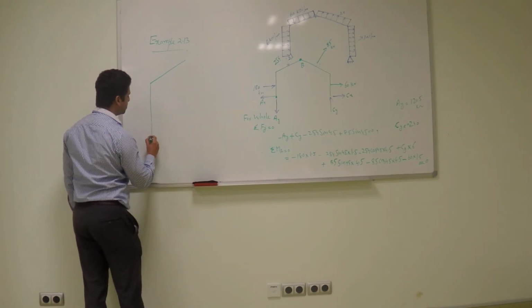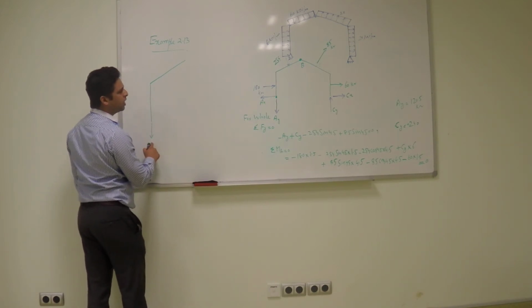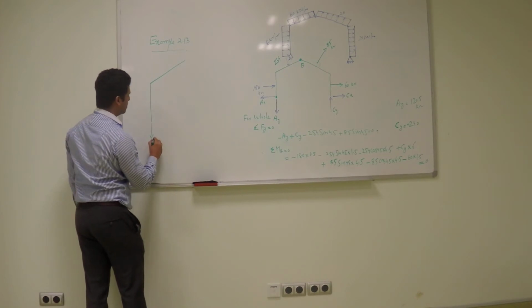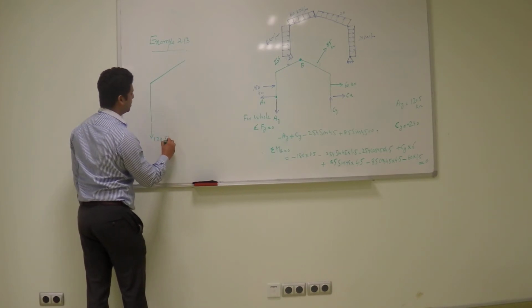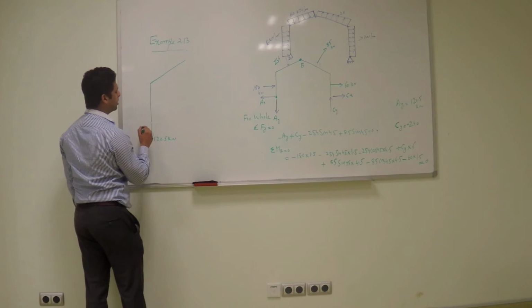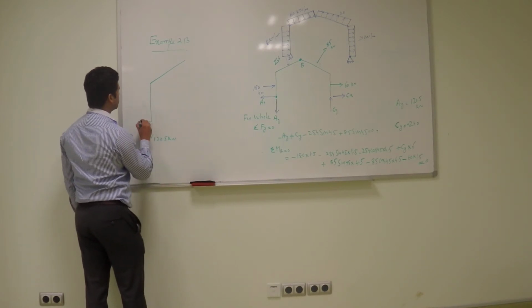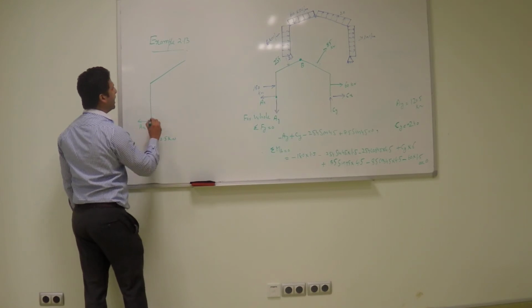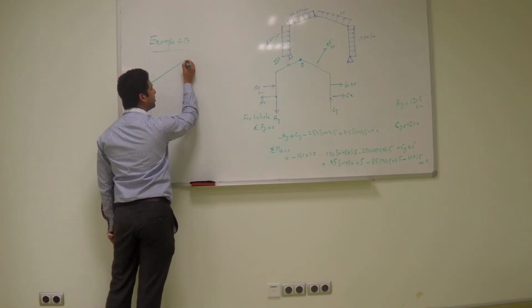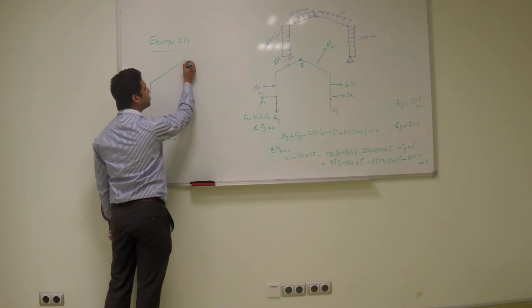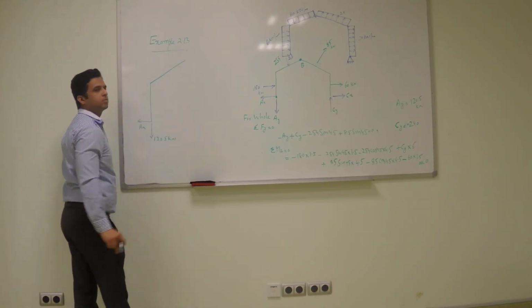It means I can show the reactions. This is AY, positive 120.5. This is AX, unknown. And what about the reaction at this point? Two reactions.